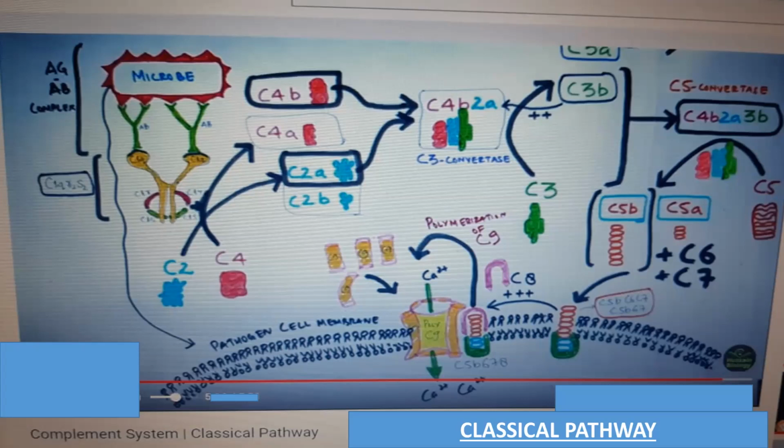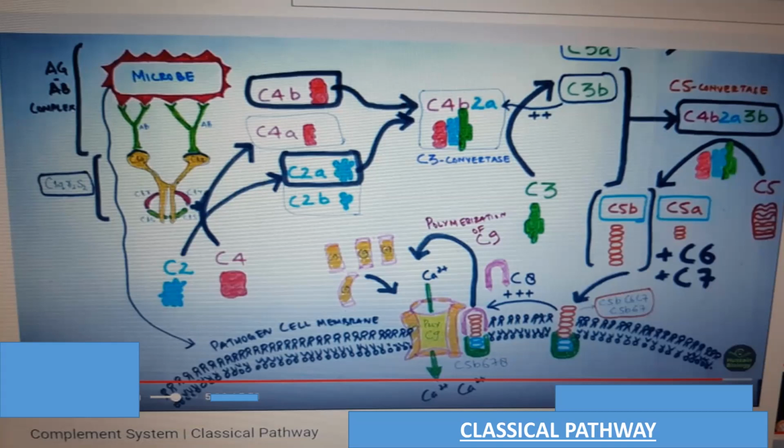Here, when the activation takes place, C2 and C4 are cleaved. C2 is cleaved into C2a and C2b. Similarly, C4 is cleaved into C4a and C4b. Here the A fragment is an anaphylatoxin, which usually does not take part in the cascade, but the C2a molecule is bigger than C2b, so C2a takes part in this cycle of the complement system.